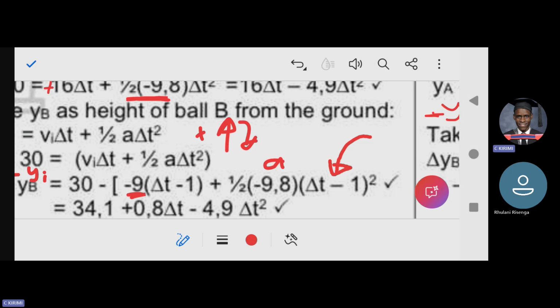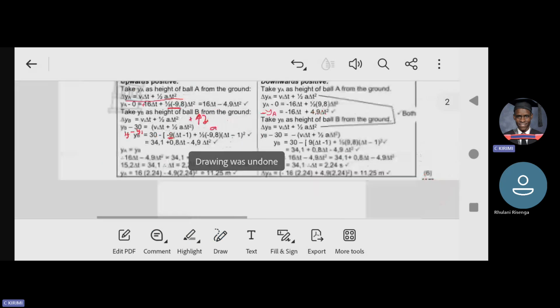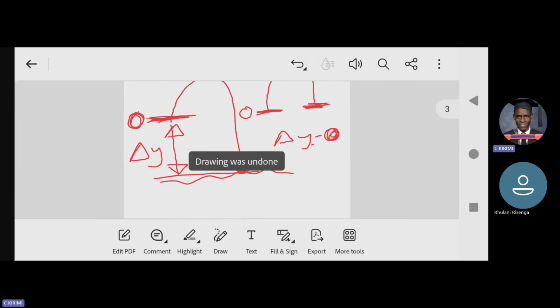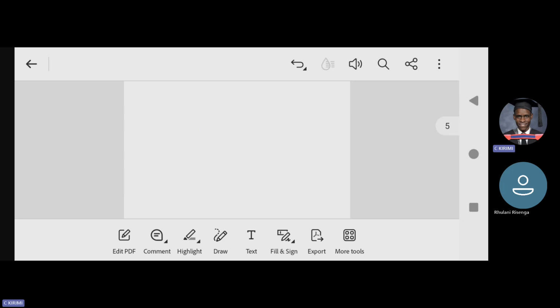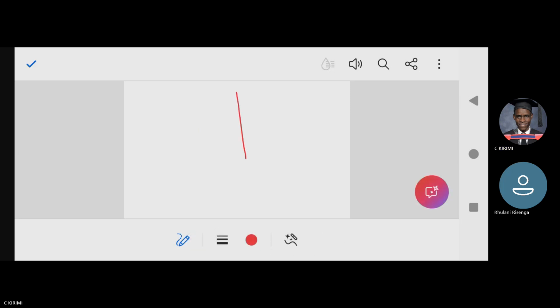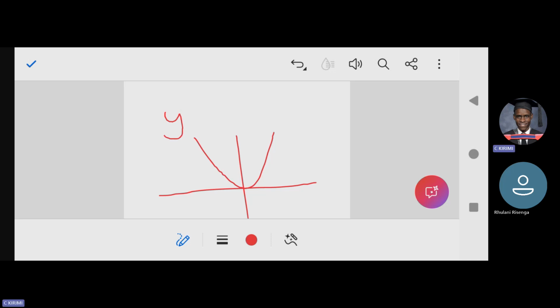In terms of mathematics, for a quadratic equation, a shift to the right is not a +1. If I have a normal parabola and I ask for the equation, it will be y equals t squared.